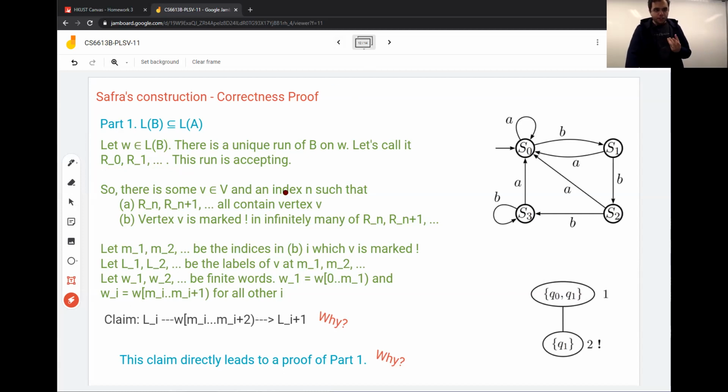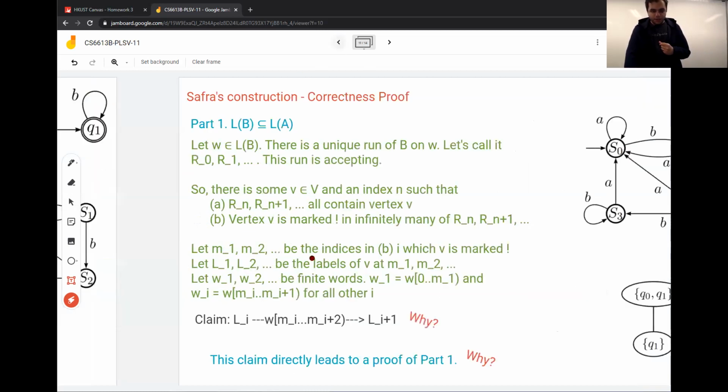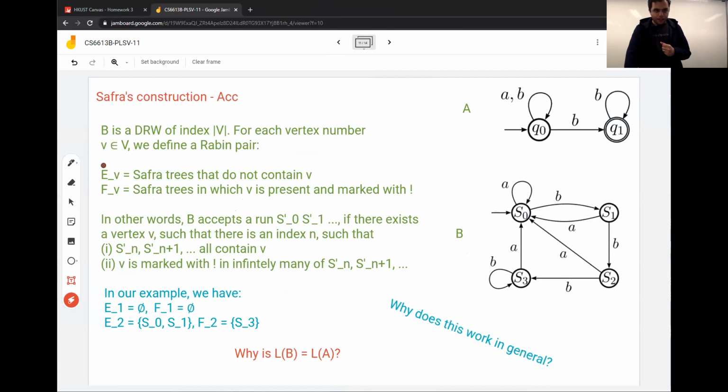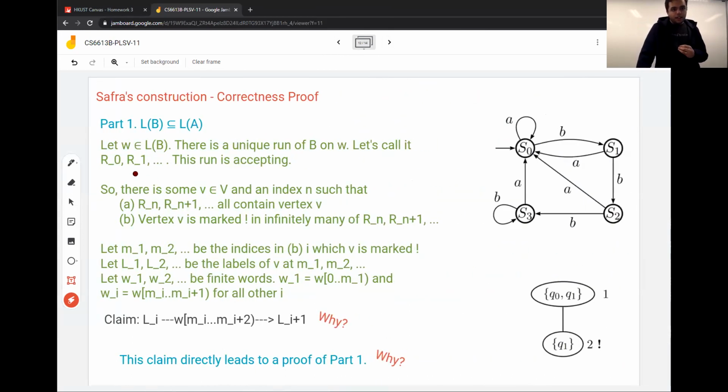Okay, by definition, because of the way that I defined my sets E and F, the fact that this run is accepting means that there is some vertex V, some Safra vertex V, and some index N, such that if you only look at this path from index N onwards, all of your Safra trees contain the vertex V, right?